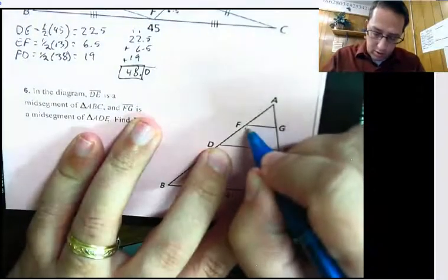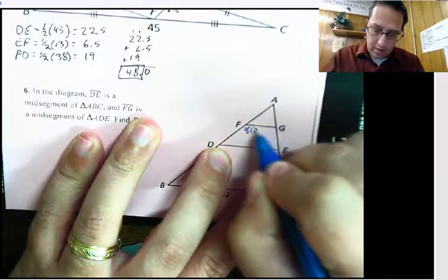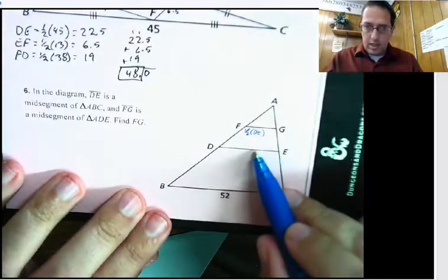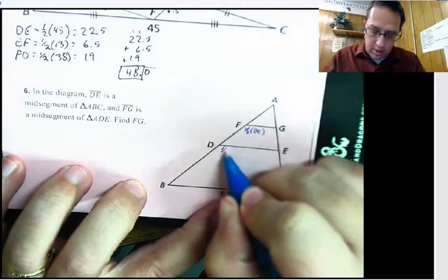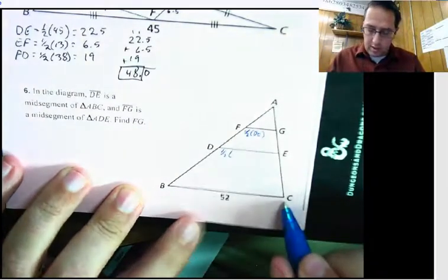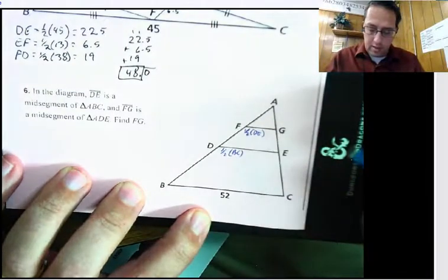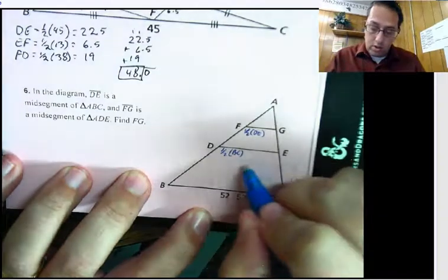So this is one half of DE. Well, DE is the midsegment of the large triangle, so that means DE is 1/2 of the side it's not touching, so 1/2 of BC. So BC, I know, BC is 52.